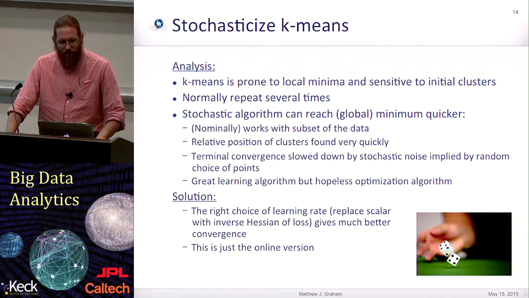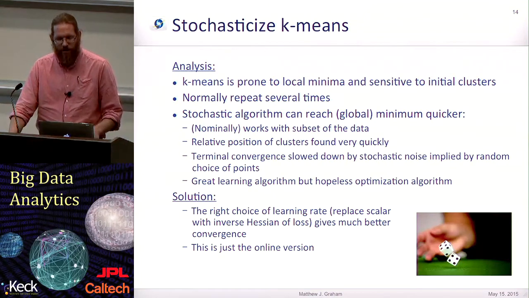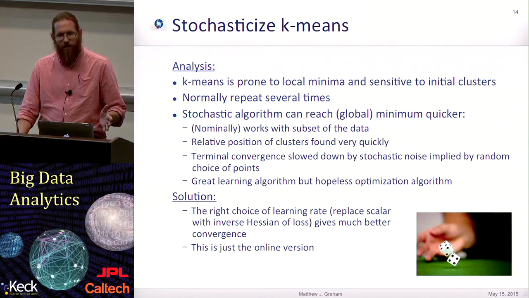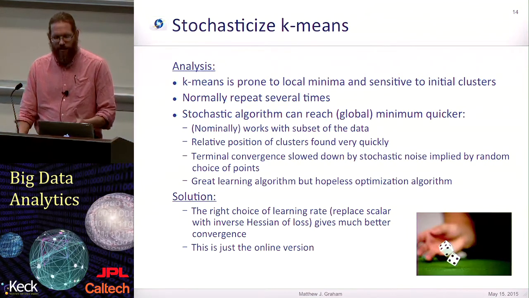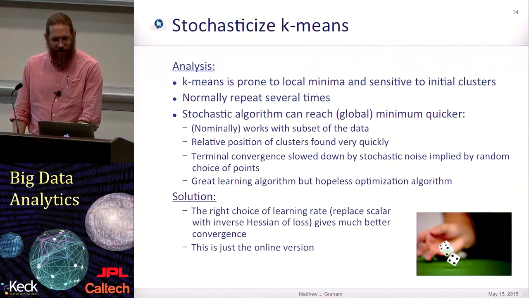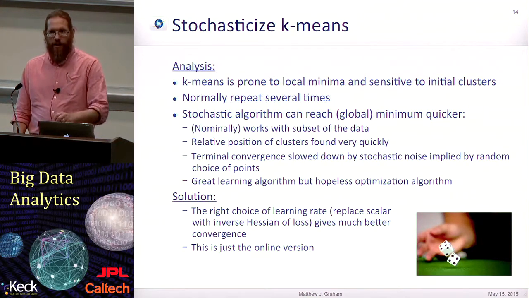And the way you make use of this is that you have to make an assumption about what the learning rate is for the algorithm, and you have a loss function. So if we used the loss function that we gave with k-means in the first slide, it turns out that the learning rate gives us exactly the same version as in the online version of the algorithm.